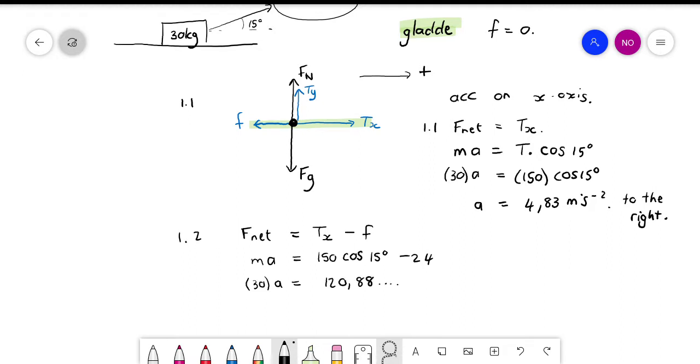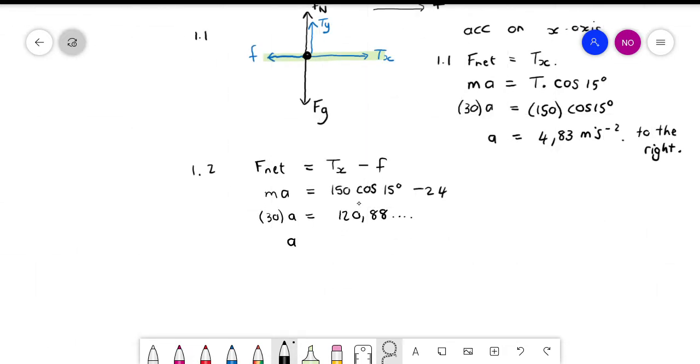I'm not rounding it off now. And then I just divide that by 30. And then acceleration is equal to 4,03 meters per second to the right again. So dit moet vir julle sin maak dat hy nou 'n kleiner een is.